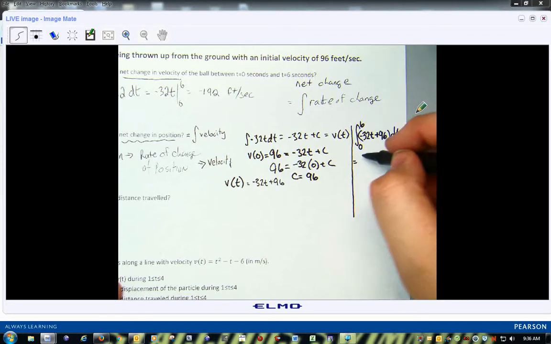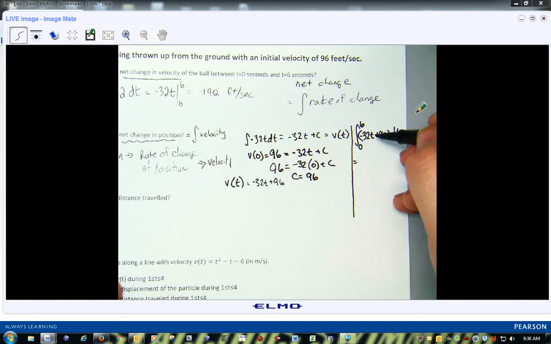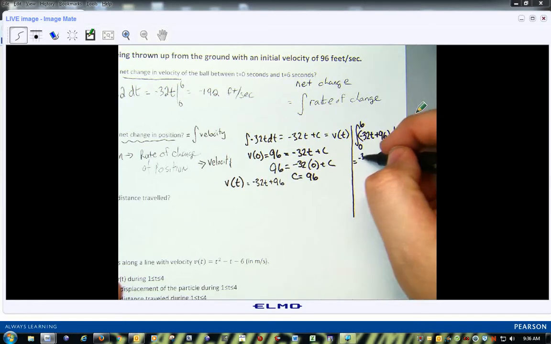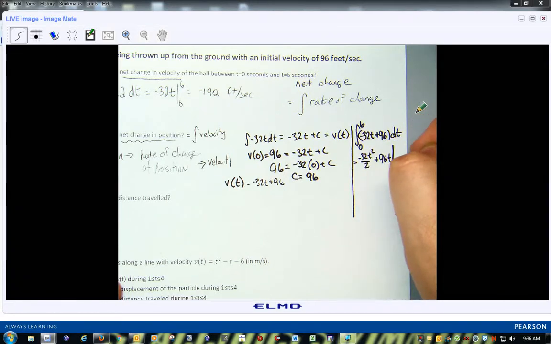So I'm going to get a t squared from here, aren't I? So I'll get negative 32 t squared over 2 plus 96t, and I need to evaluate this from 0 to 6.